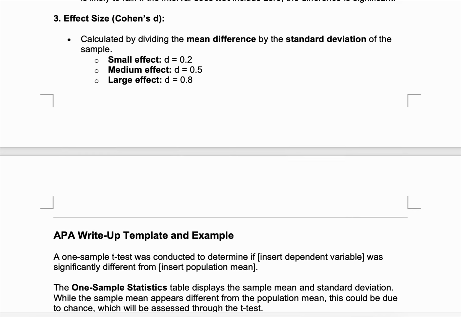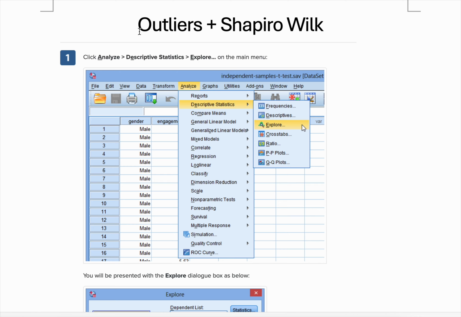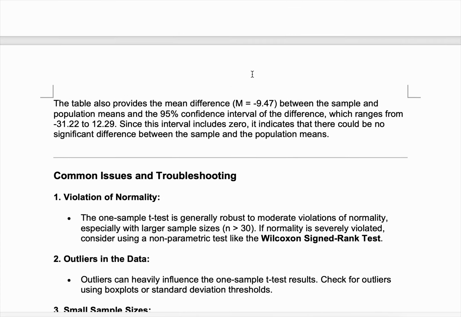So that's going to be down here. Running these steps in SPSS will find both the outliers and the Shapiro-Wilk value that you need to complete your assumptions. So before you actually do the one sample t-test, you're going to do that step first.